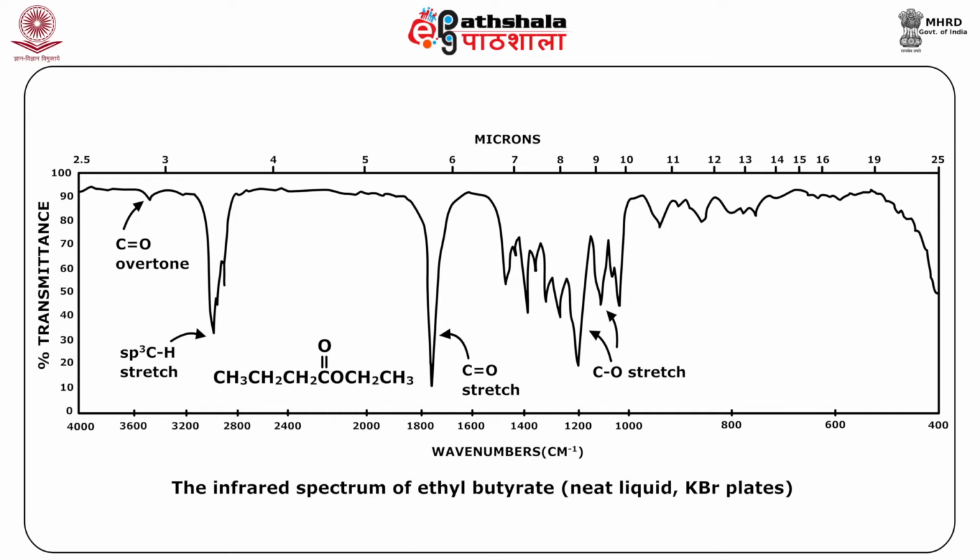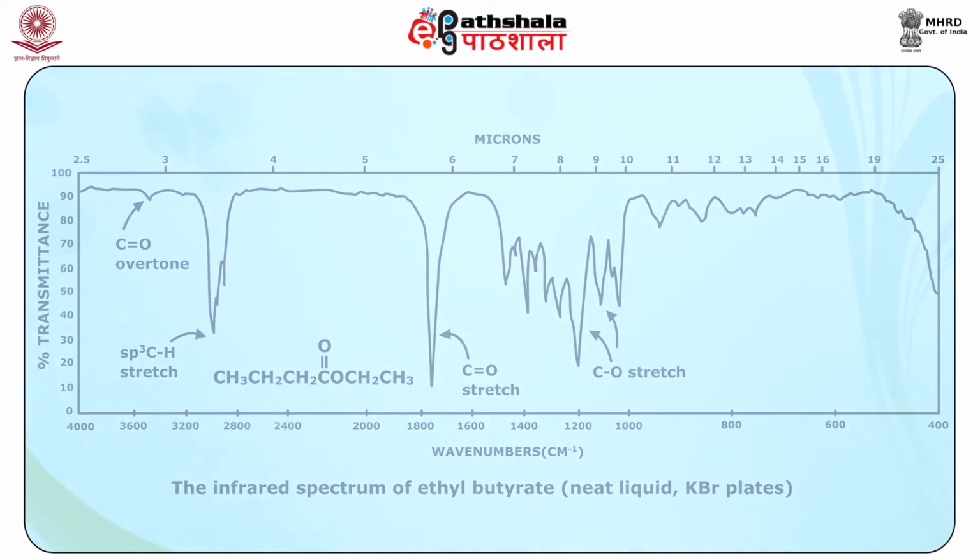This increases the electron withdrawing ability of oxygen, causing an increase in carbonyl double bond character, thus an increase in the stretching frequency value. You can clearly see the depiction of these values in the figure, which shows the infrared spectrum of ethyl butyrate in neat liquid and in KBr plates to obtain the IR spectrum.